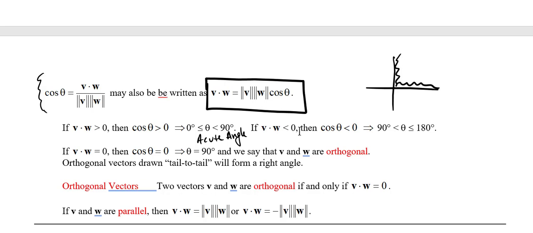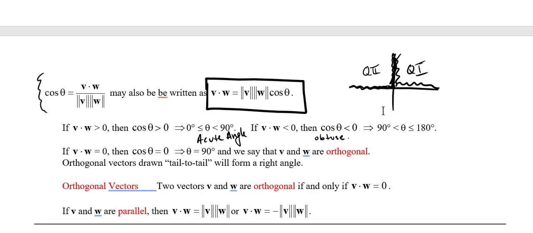If v dot w is less than 0, then cosine is negative, right? This cosine is negative, meaning our angle must be between 90 degrees, the positive y-axis, and 180 degrees, the negative x-axis. So quadrant 2. Right? So that would be the case where we have an obtuse angle between the tails of our vectors.